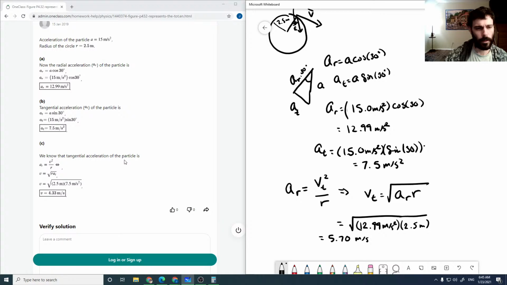and then we know the tangential velocity is related to the radial acceleration, not the tangential acceleration. So that's a mistake there.